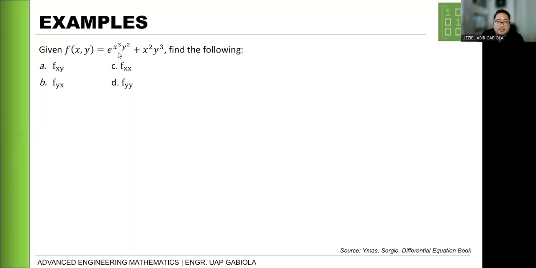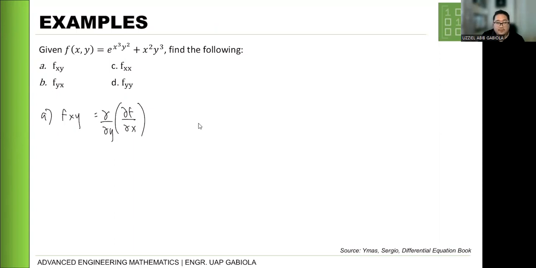Given the function e^(x cubed y squared) plus x squared y cubed, find the following. Okay? So yung first one natin is to find fxy. So meaning lang yan, kailangan yung function kunin natin in terms ni x, tapos tsaka natin kukunin siya in terms ni y. Or sabi ko nga kanina, it can be the reverse, no?